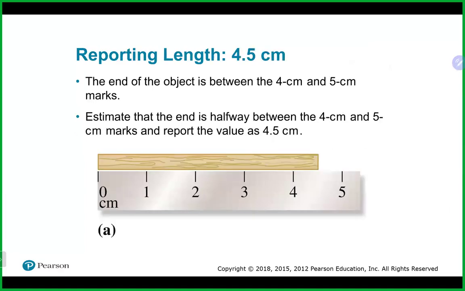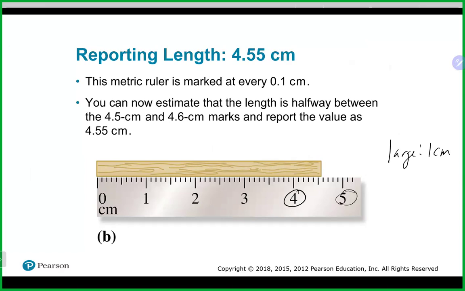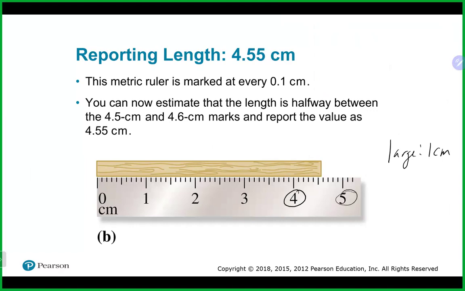So obviously 4.5. Now on this particular one, we again could look at our scaling. We have the 4 and the 5. Once again, this is going to be a large marking of 1 centimeter. We're going to start counting our small markings between them, and in this case we got 1, 2, 3, 4, 5, 6, 7, 8, 9, and 10 markings.